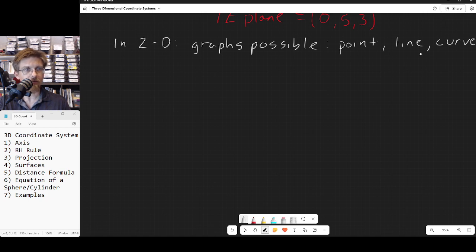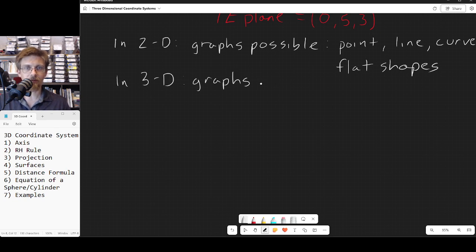And you can start to get creative. You can also graph plane shapes, flat shapes. But you couldn't do anything more than that, because a shape takes up two dimensions. So what about in 3D? Well, in R3, all you do is add surfaces and volumes.